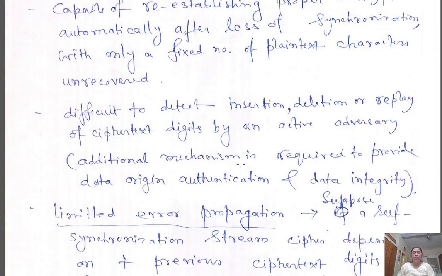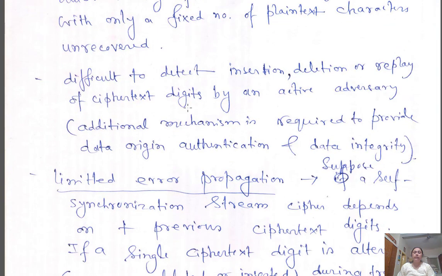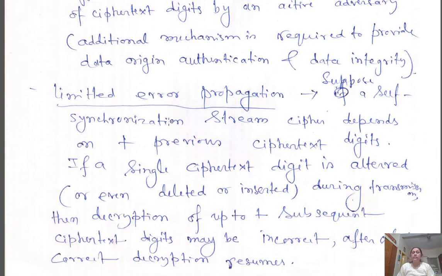This is the self-synchronization property, one thing. Another property is limited error propagation. Suppose a self-synchronous stream cipher depends on T previous ciphertext digits.